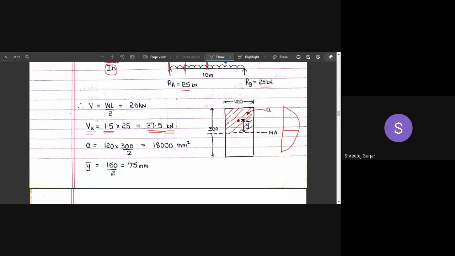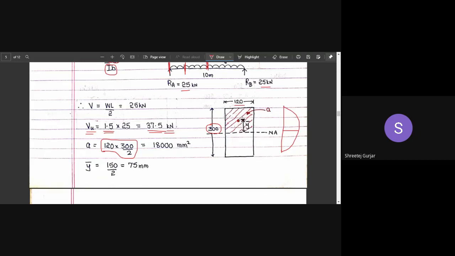Now, what is the area? Area is equal to 120 into this depth. What is this depth? Half of 300, that is 150. So 120 into 150 is your area, that is your small a. Now Y bar is what?